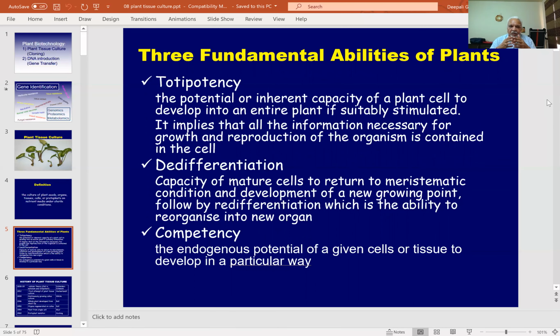Now, it has been observed that plant cells are totipotent. What is this totipotency or totipotent nature of plant cells? It means that each and every somatic cell of a plant is capable of regenerating into a new plant.